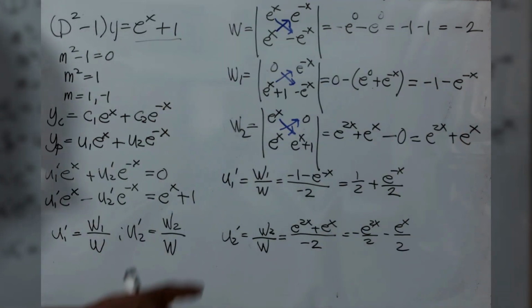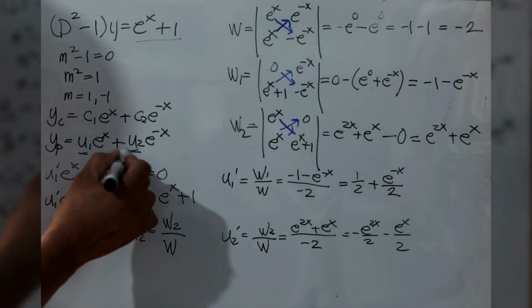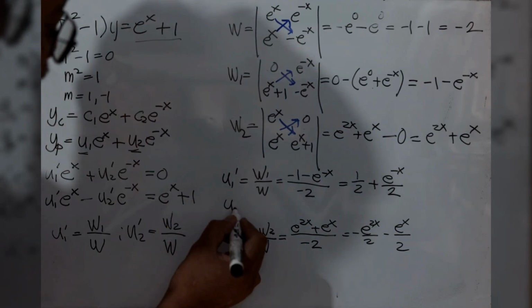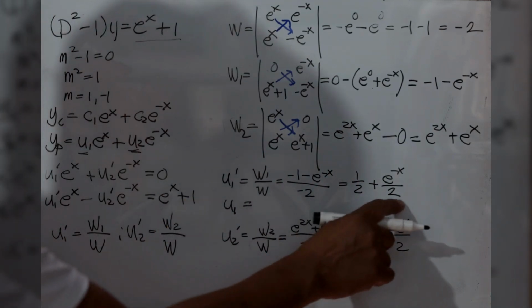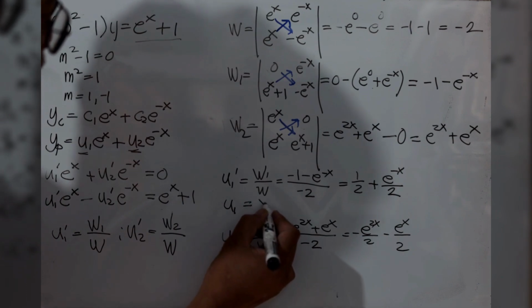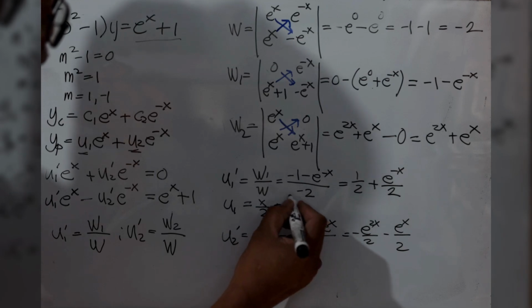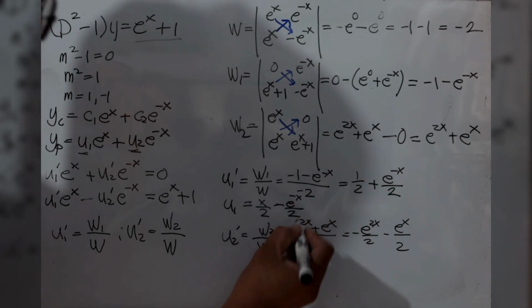Okay, so we have u sub 1 prime and u sub 2 prime. But what we need is u sub 1 and u sub 2. So we need to integrate this one. The integral of u sub 1 prime is u sub 1. And the integral of this is x over 2 minus e to the negative x over 2.